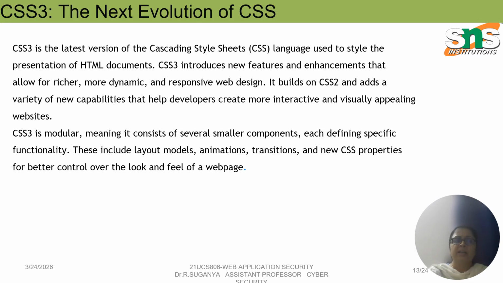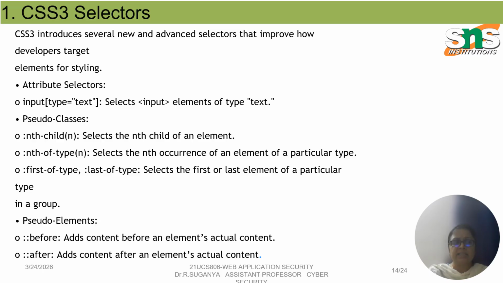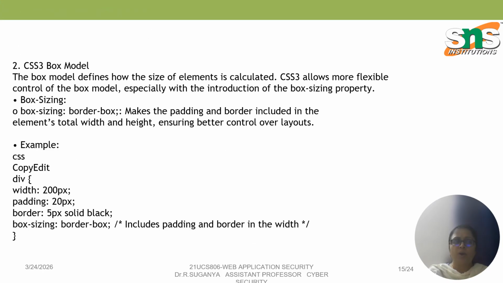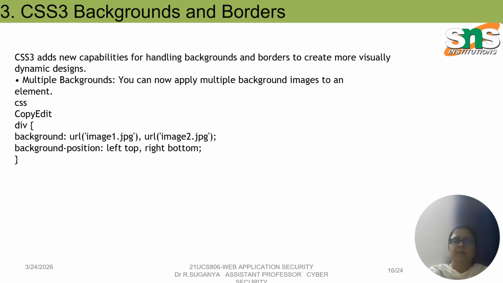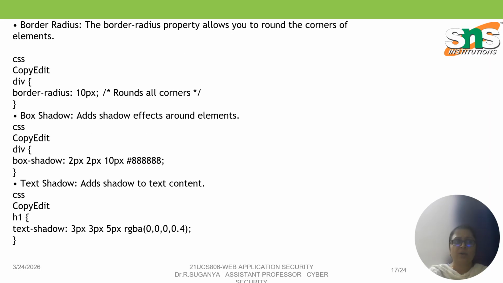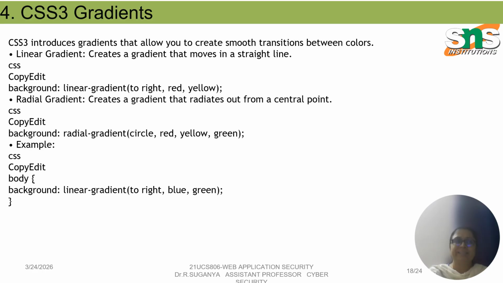The next evolution of CSS introduces enhancements for dynamic, more responsive web pages. The selectors include pseudo-elements, nth-child, nth-of-type, first-of-type. Box models for width, height, background URL, positions, background image, box shadows and text shadows in pixels can be given.